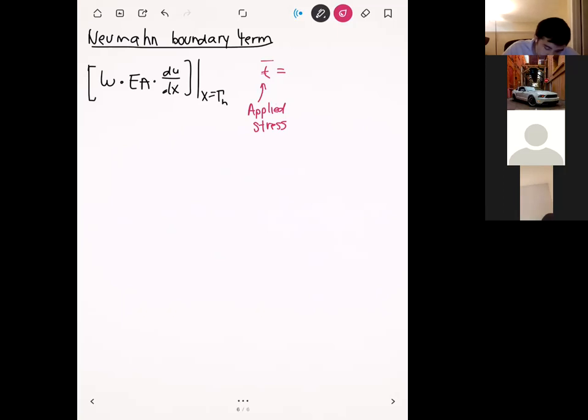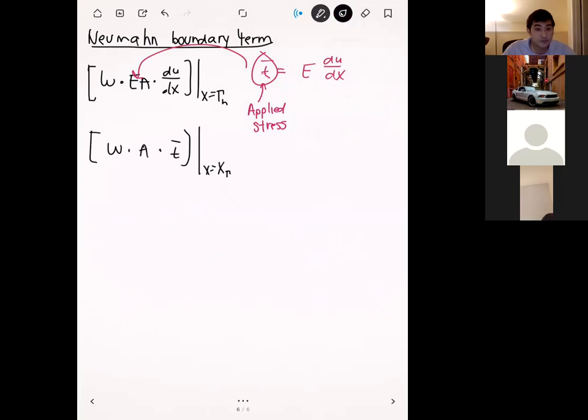We know that the T bar here is equal to E times du dx. Let me plug that in, and what we end up with is W times A times T bar. Just like we did before, we're going to plug in for W here.